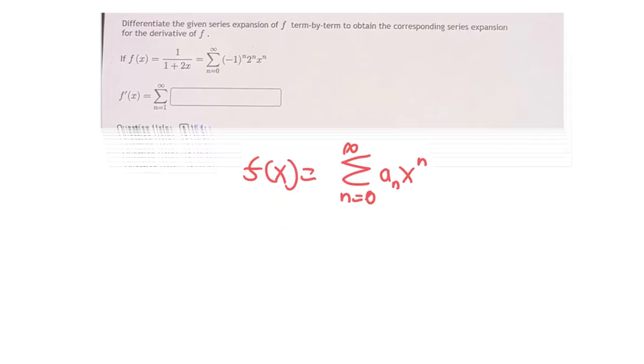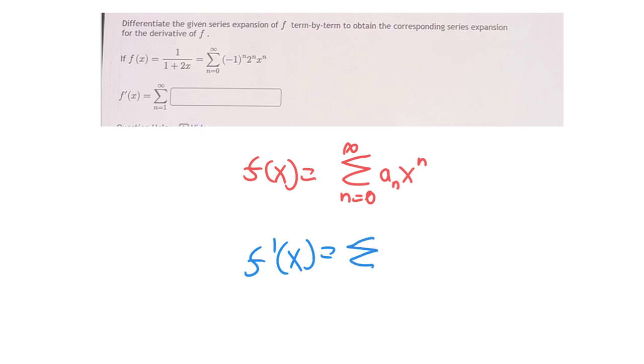The concept involved is as follows. If you have this, a sub n x to the n, what you need to remember is that you can very straightforwardly take the derivative by taking the derivative term by term.